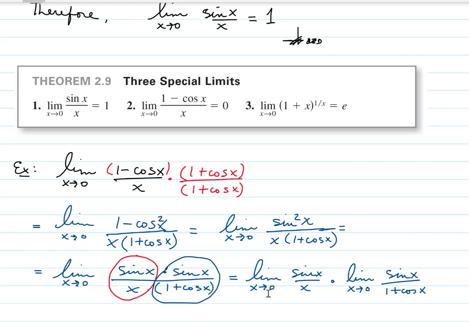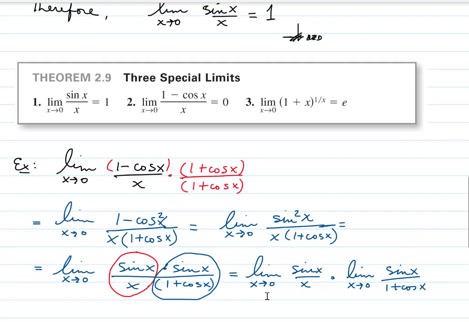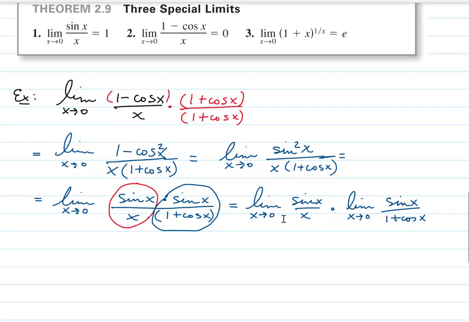Okay, do these two things exist by themselves? Well, we know this one does, right? The first one. We just did this one on our last problem, our example. So this is equal to 1. So that's a real number. And this limit right here, can we just use direct substitution? Well, sine of 0 is 0.